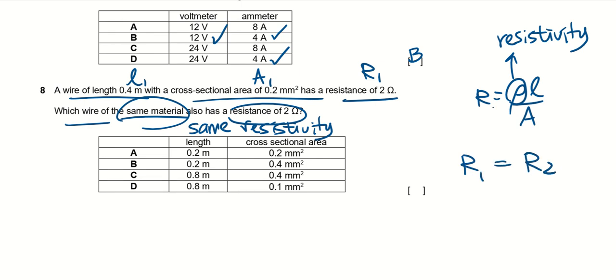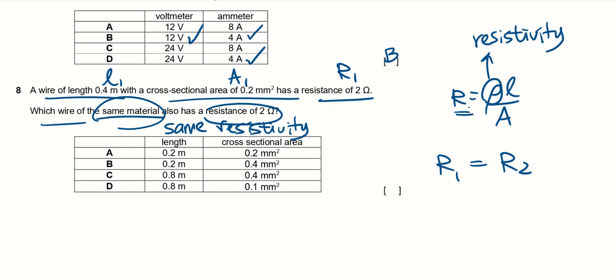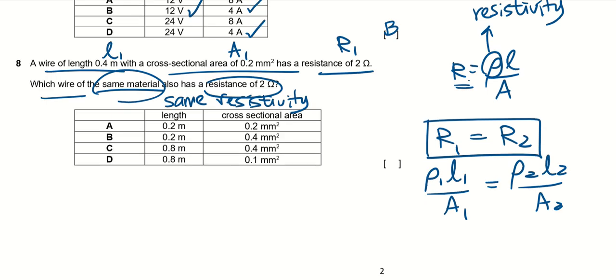Now R is already the same for both wires, R1 equals R2, so I'm going to make resistivity 1 times length 1 over A1 equal to resistivity 2 times length 2 over A2, because R1 is this, R2 is this.